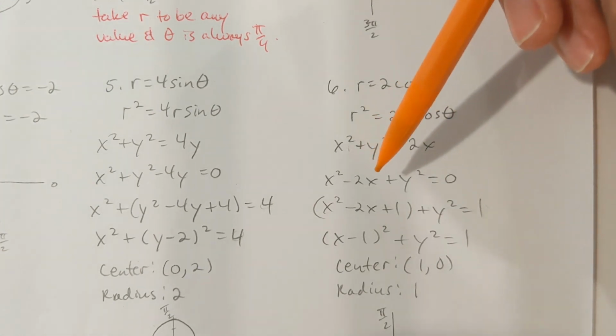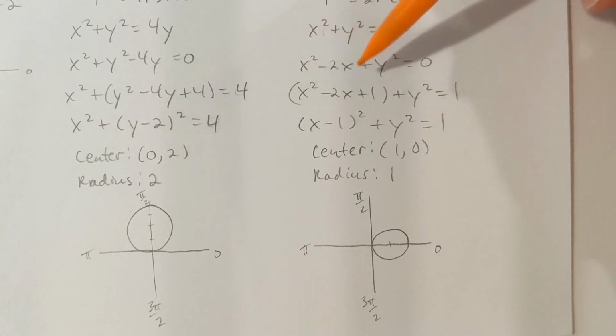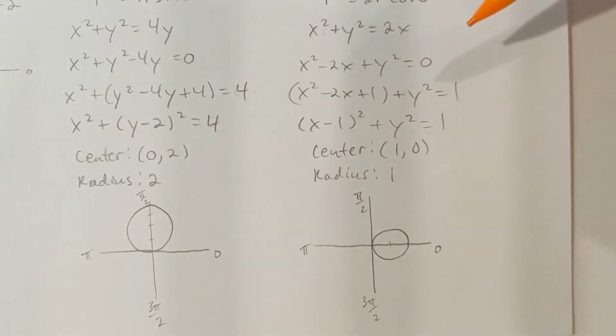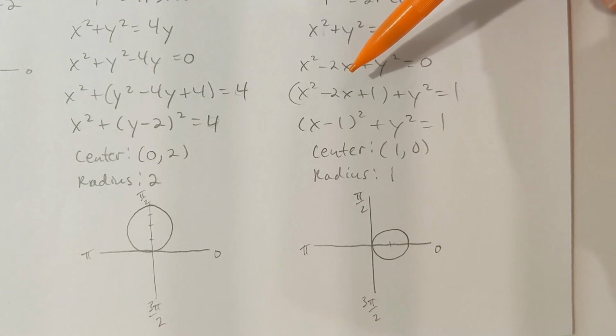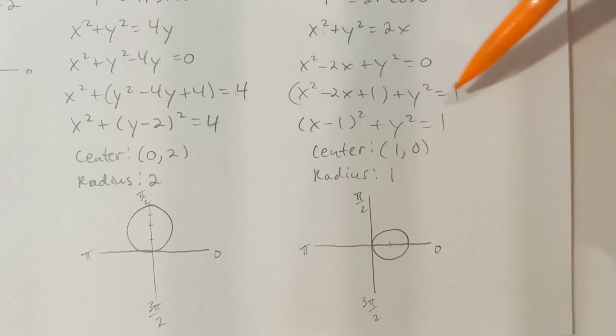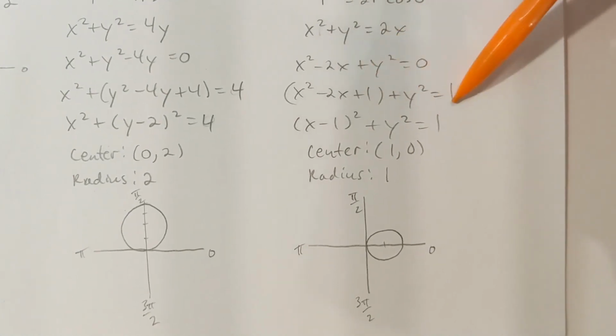Okay, and if you get everything onto the left and complete the square with the x terms, I'll leave y squared as is, then we want half of the number in front of x. Half of negative 2 is negative 1. Negative 1 squared is 1. So I'll need to add 1 to both sides here on the next line, and I've done that.